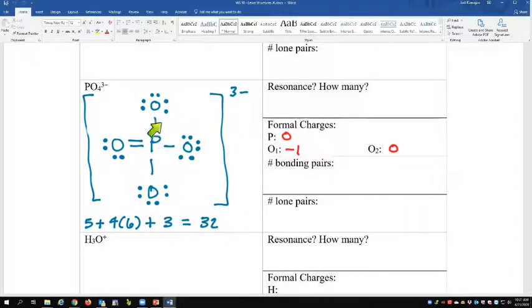So 1, 2, 3, 4, 5 bonding pairs. I want to get this worksheet so that bonding pairs and electron groups matches up better, but I don't think there's a way to do that. But here's the number of bonding pairs, and then lone pairs, we're only interested in lone pairs on the central atom, so this phosphorus has 0 lone pairs.